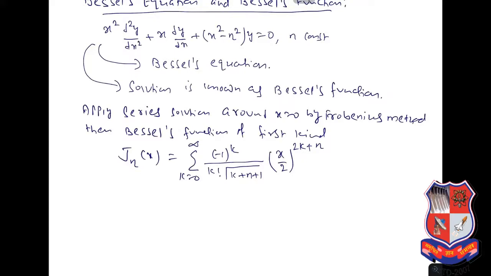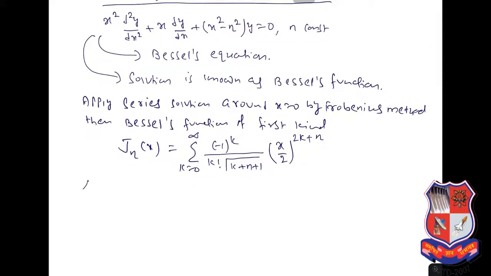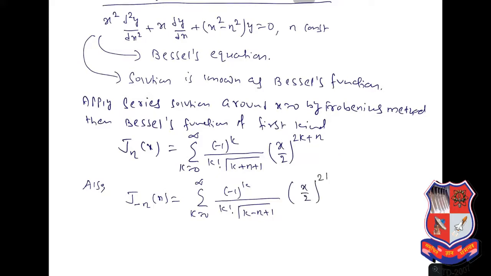Also J minus n x is equal to the series k from 0 to infinity, minus 1 power k over k factorial gamma k minus n plus 1, x by 2 power 2k minus n.